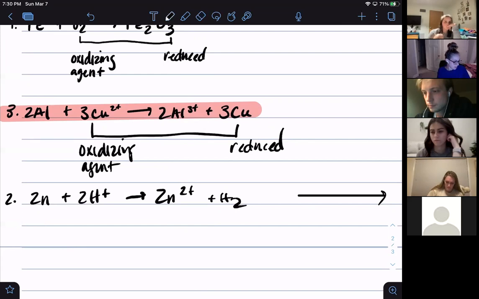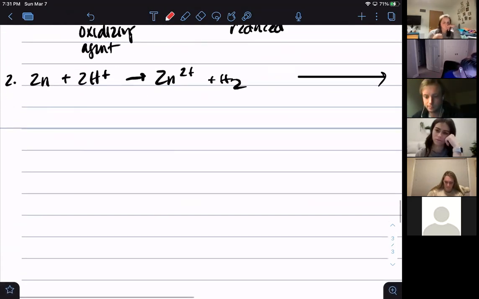What else? Oh, let's look at this. Let's just do a random one real quick and test you. What is happening in this reaction?